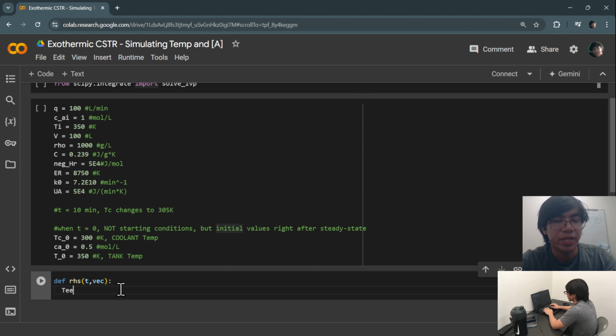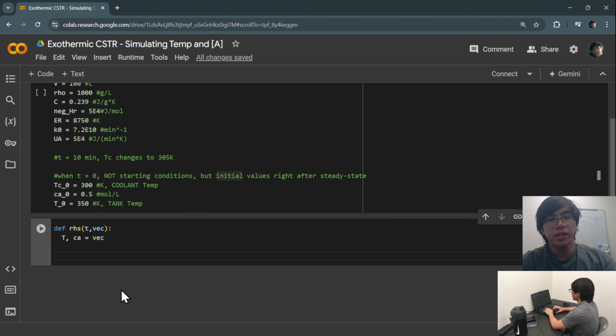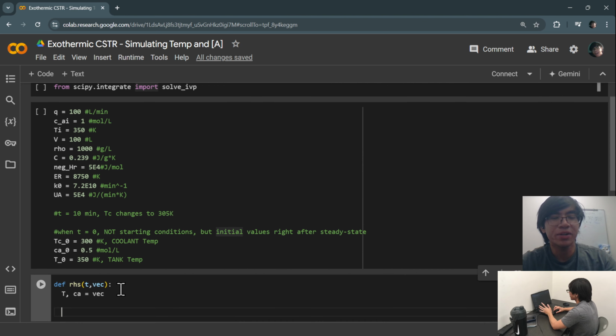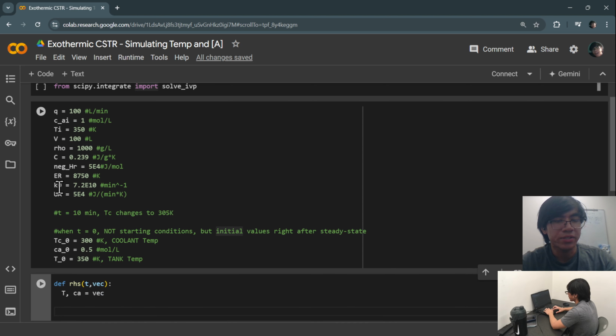This can be any order you want, but I will choose temperature and concentration of A to keep it consistent. Okay, so what we're probably going to want to do next is defining our expression for K, and this is our K naught.